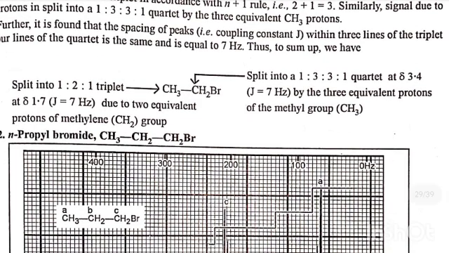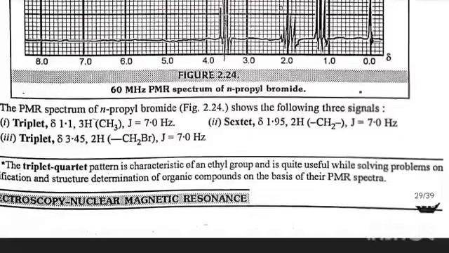Further, it is found that the spacing of peaks, that is the coupling constant J, within the 3 lines of the triplet and the 4 lines of the quartet is the same and is equal to 7 Hz. Thus, to sum up, we have CH3CH2Br, where CH2 splits into a 1:3:3:1 quartet at delta 3.4 and CH3 splits into a 1:2:1 triplet.